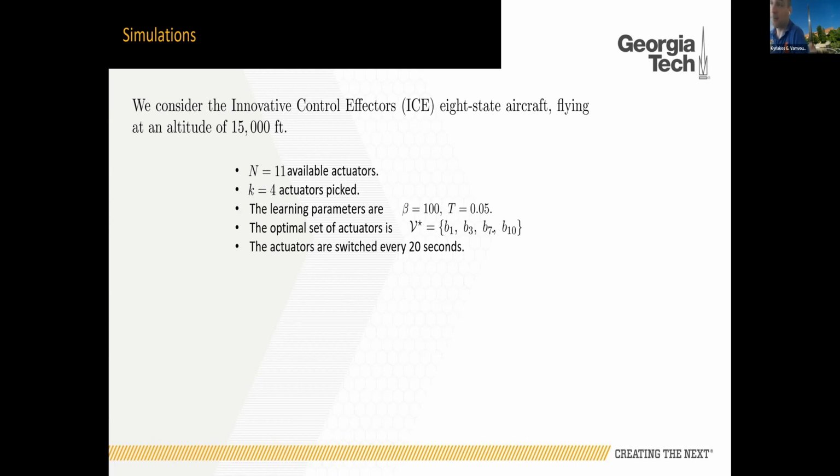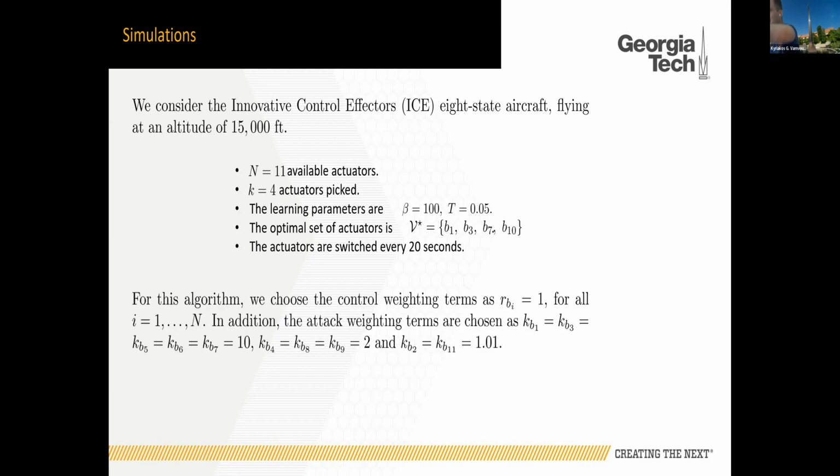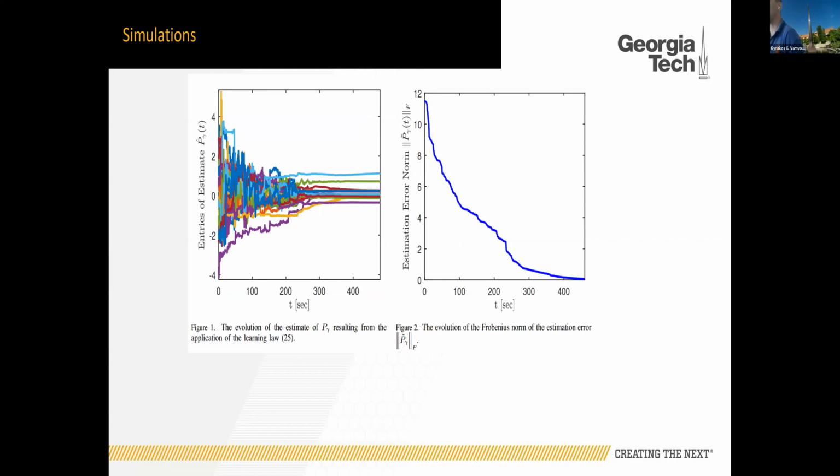Remember that I can change my actuators at some intervals, and let's say that the actuators are switched every 20 seconds, with some control weightings. So let's see what happens. On the left plot, you can see that I'm able to learn this P gamma in real time, and on the right, you can see that the Frobenius norm of the estimation error converges to 0.